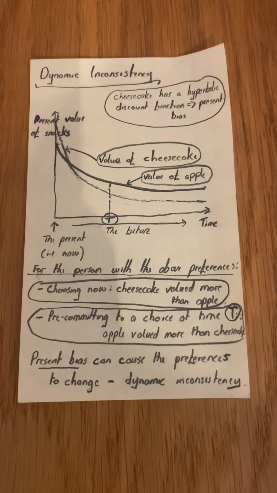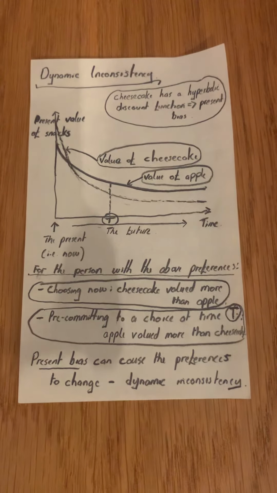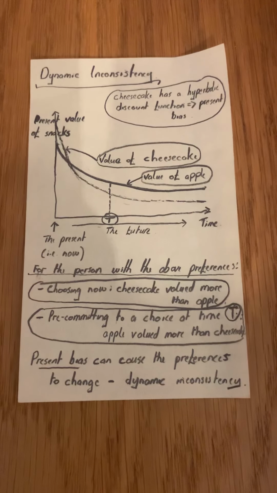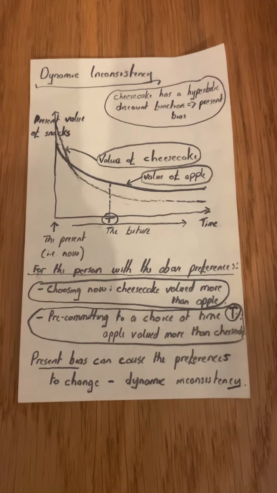I always think of Daniel Read when I think about dynamic inconsistency. Daniel and his colleagues have written quite important articles on this notion, and I'm going to try to illustrate some of his points in this little post-it.